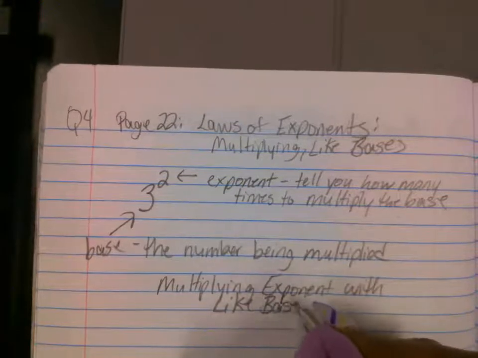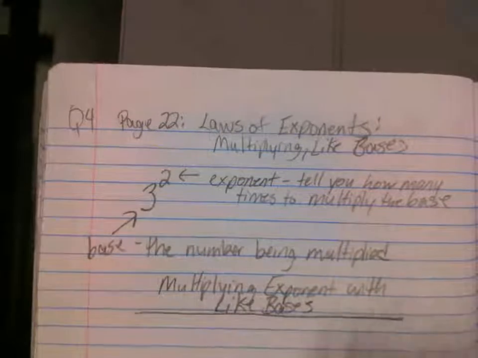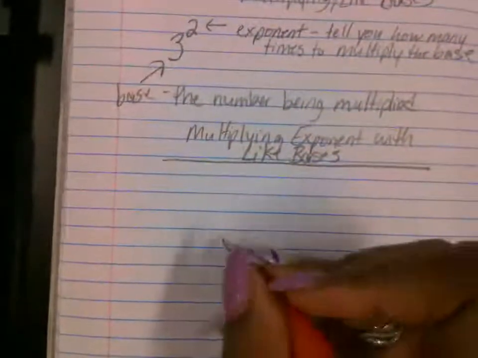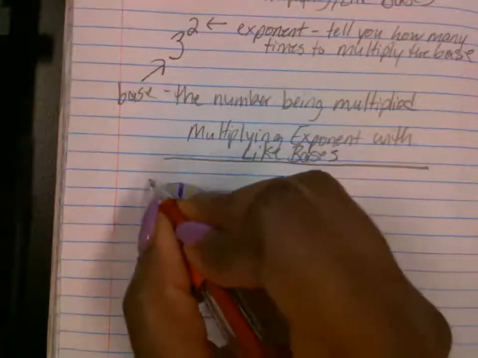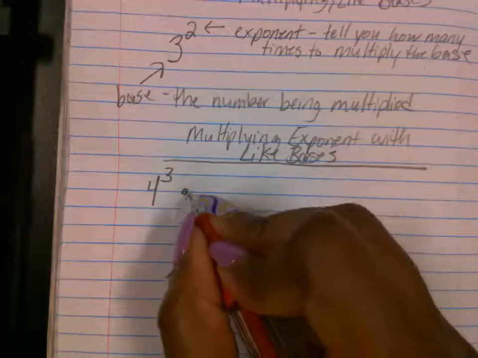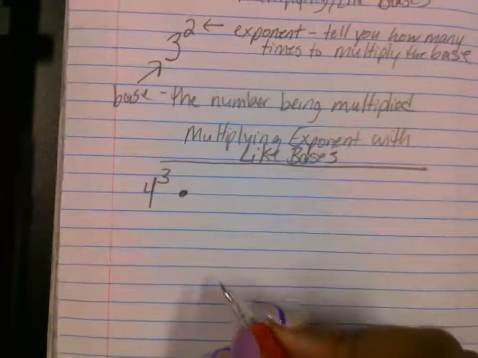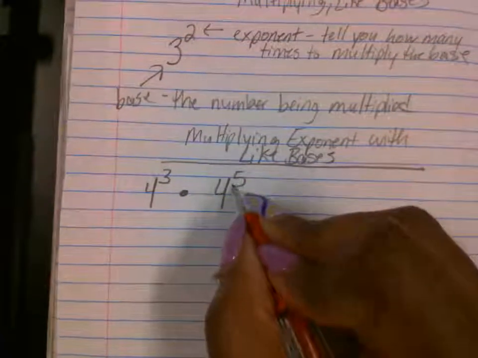That means the base, or this number, is the same. Let's suppose that we have 4 to the third power times, I'm going to use the dot as multiplication, 4 to the fifth power.